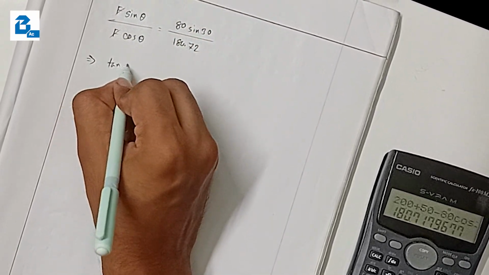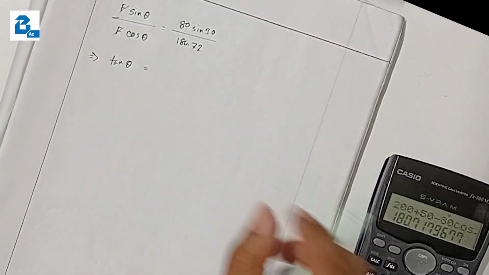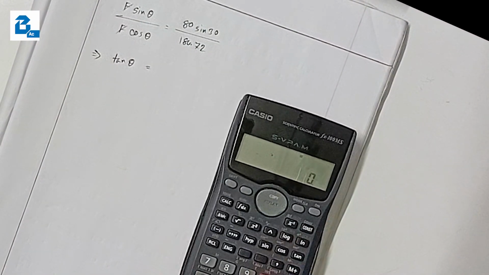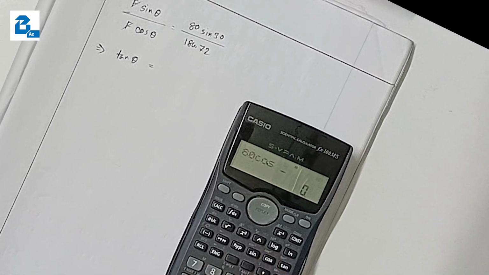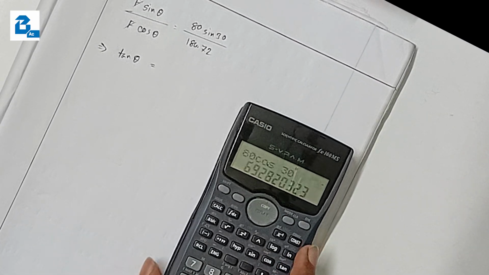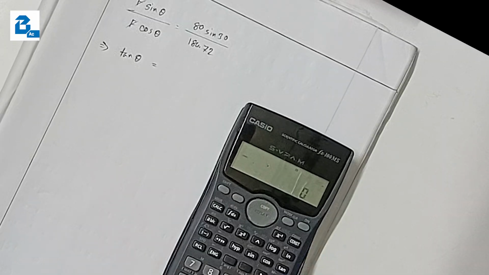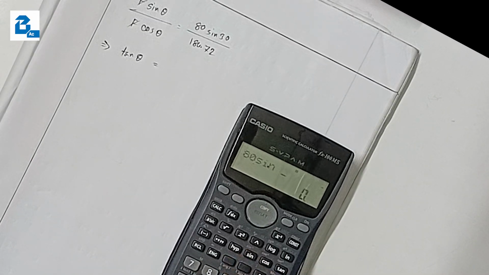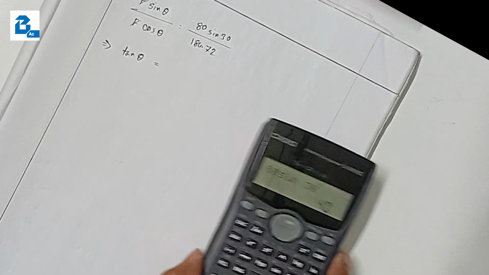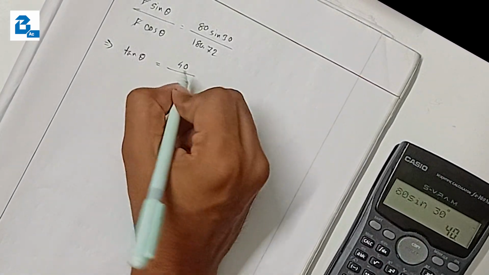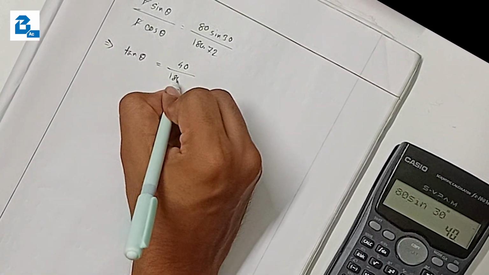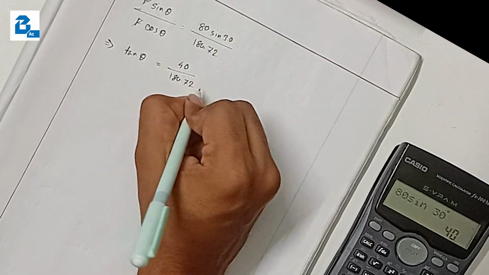And then we will get tan theta equals 80 sine 30. Then we will get 40. So we will write that down. 40 by 180.72.